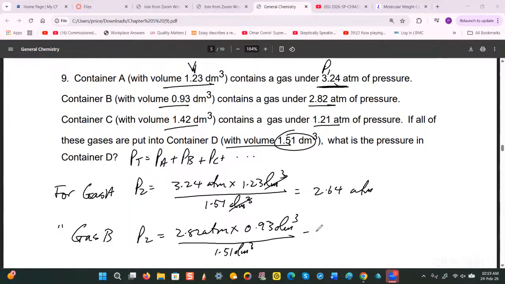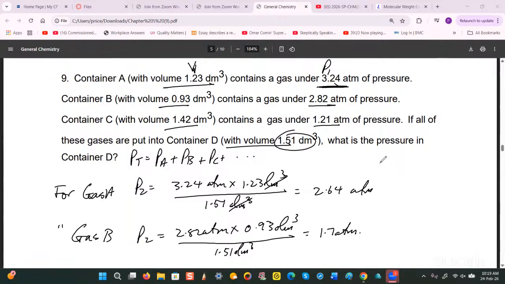And let's see what that gives. 2.82 times 0.93, and then divided by 1.51. And according to my calculation this time, I have to round to 2 sig figs. So that will be 1.7 atmospheres again, all right?